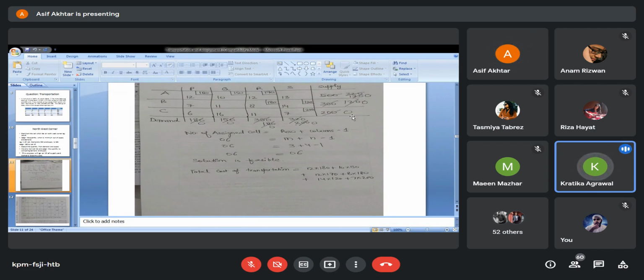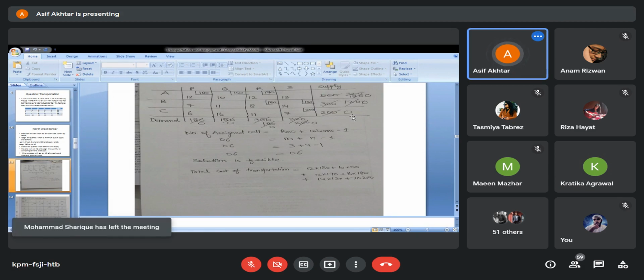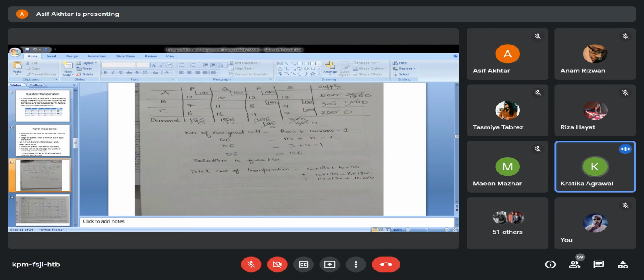Yes, if there is a tie, then you can allocate any quantity. The real issue comes into the picture when they are unequal. If they are unequal, we allocate the minimum quantity. Okay, sir.